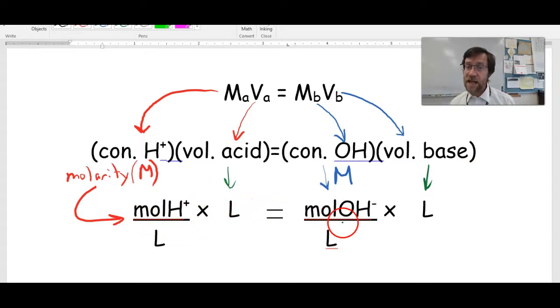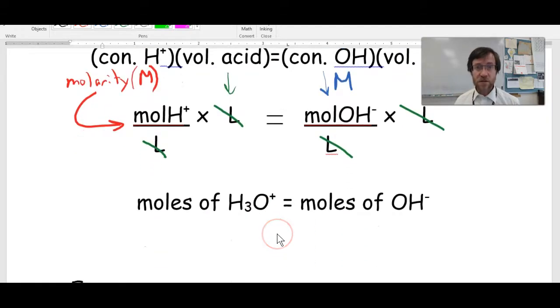And on the right-hand side, we have moles of hydroxide ions per liter times liters. So you see all the liters cancel out, and what we're left with is moles of hydronium. Moles of hydronium equal moles of hydroxide. Right? And they have to be equal. They have to be perfectly equal because it is a 1-to-1 ratio of hydrogen to hydroxide ions that make a neutralization reaction happen.